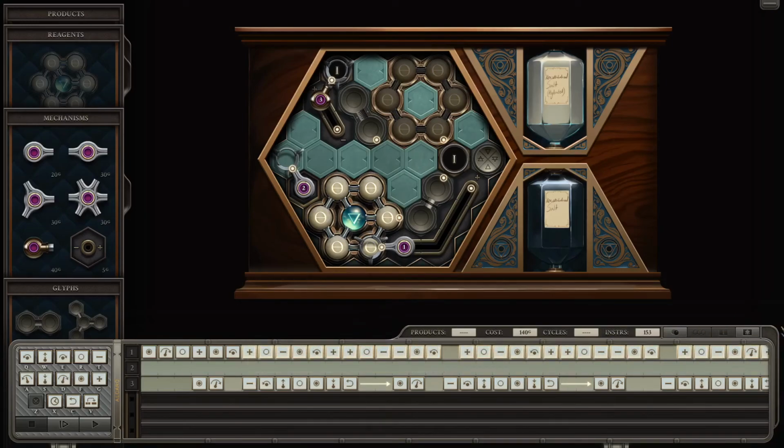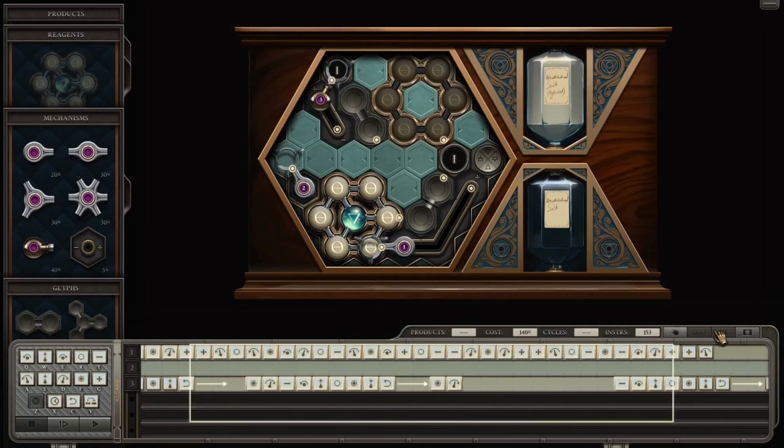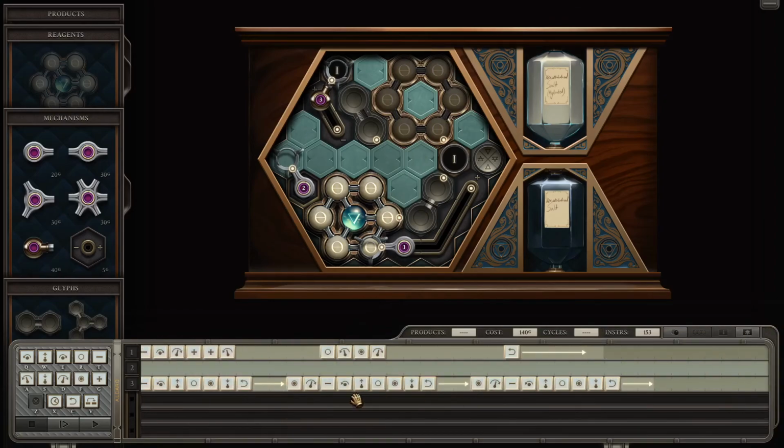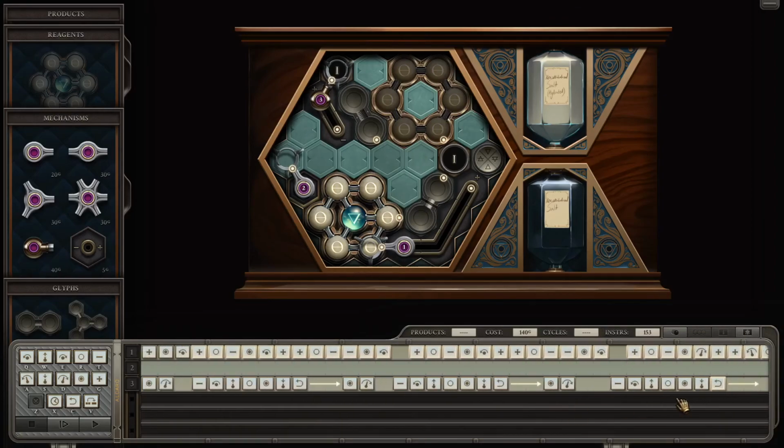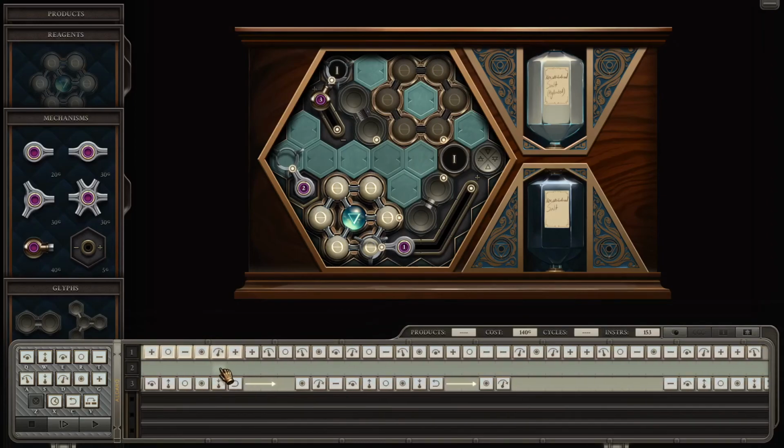And I do need everything else to synchronize. Including... Hey, why did you deselect? Okay, what did I want selected? This.